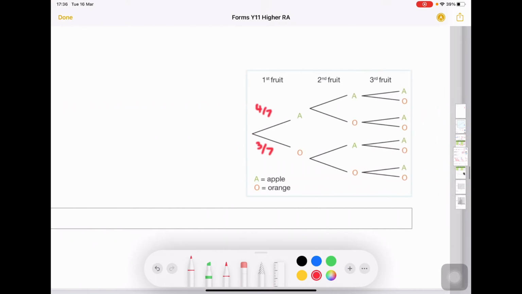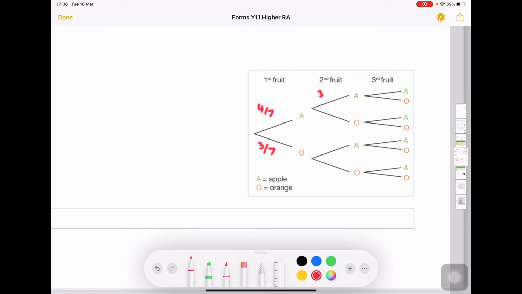Okay, let's continue. 3 over 6, 2 over 5, 3 over 6, 3 over 5, 2 over 5. You need to just think about it very carefully. If you're taking an orange away, you're going to get 1 less orange, and same for the apples.